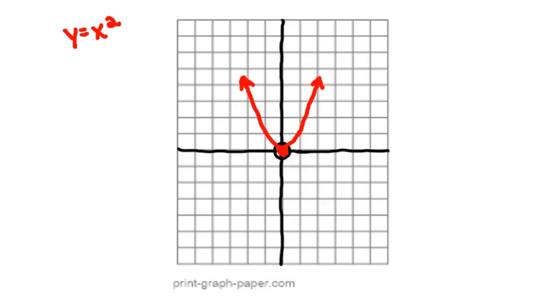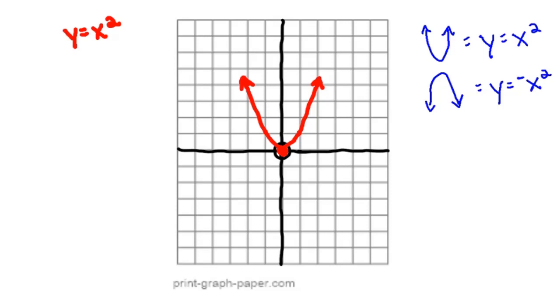Now, we've gone over how to make a smiley face, and that's just the plain old basic y equals x squared. That's your basic. We've gone over how to turn that smile upside down into a frown, and that's just turning it into y equals negative x squared. The negative is what turns it upside down into a frown.